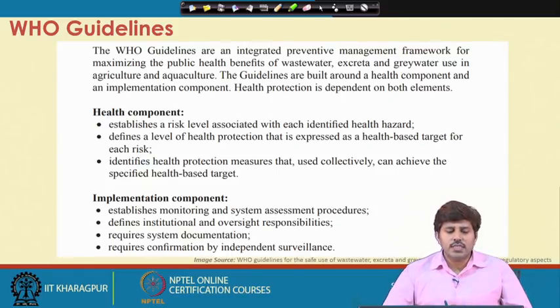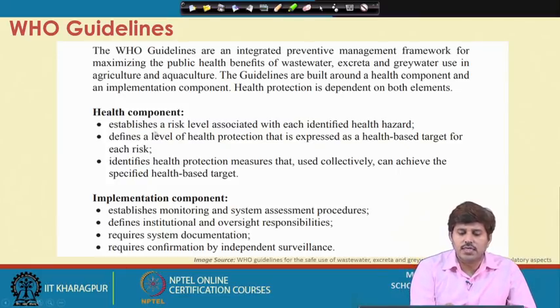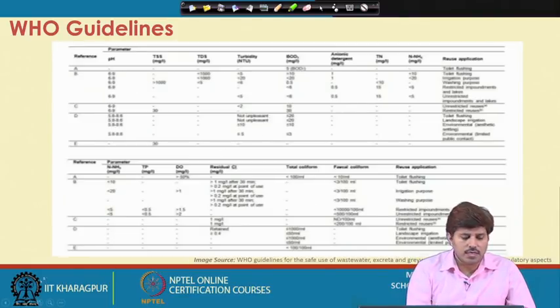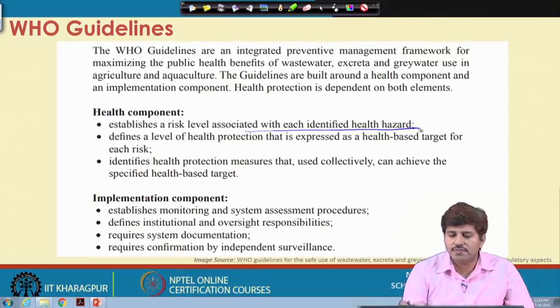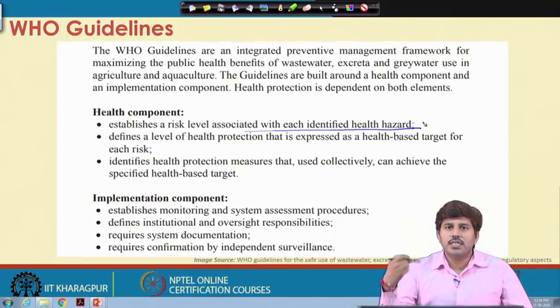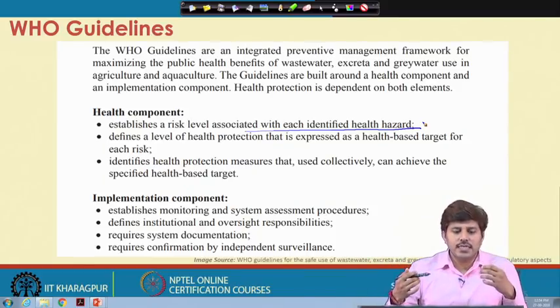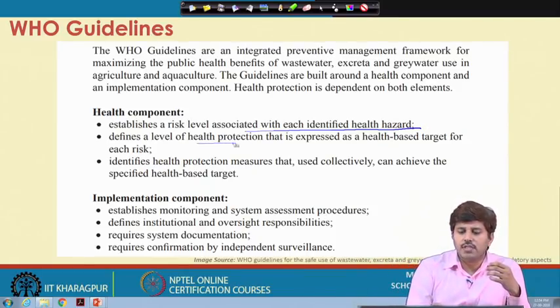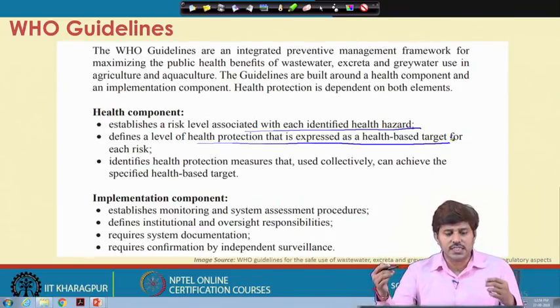The health component talks about establishing a risk level associated with each identified health hazard. So, what is the risk associated with the different health hazards that are there, and then it also defines a level of health protection that is expressed as a health based target for each risk.